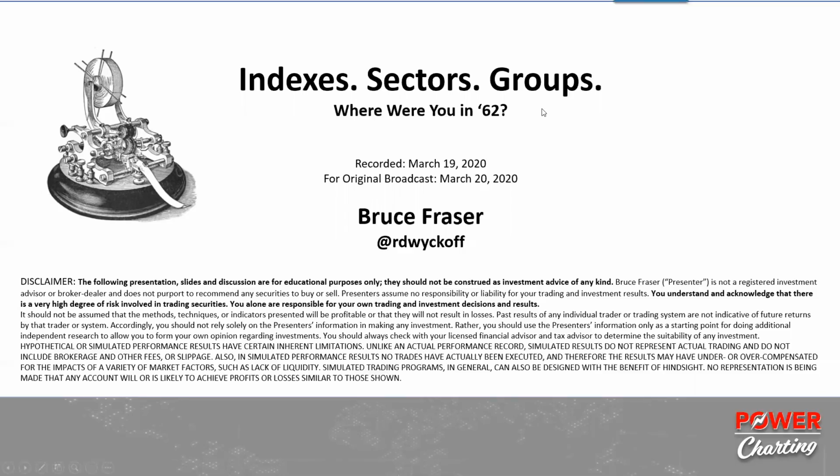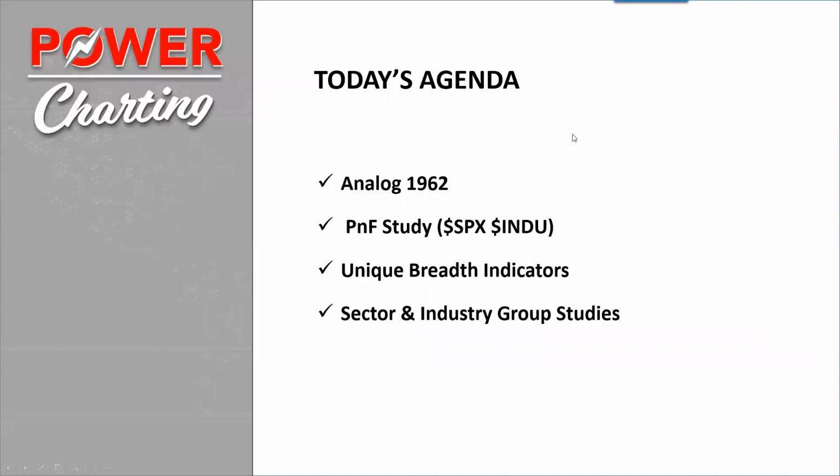So with that, what are we going to do today? I have a very interesting analog for you that came to me, and I'll talk a little more about that in a minute. Then we're going to do PNF studies.